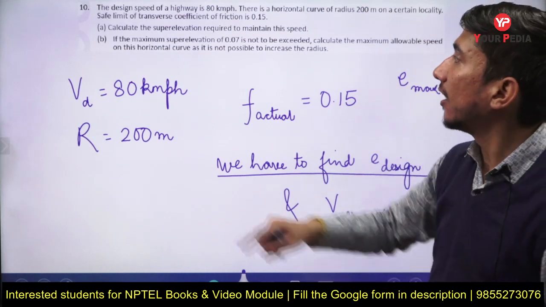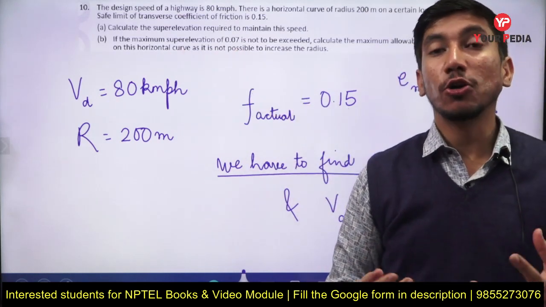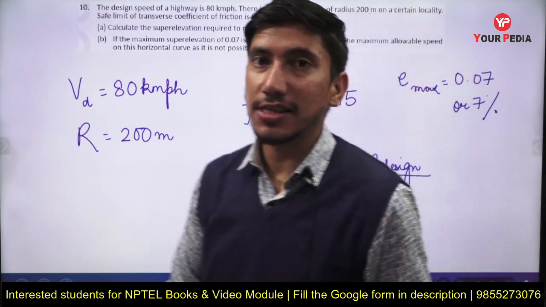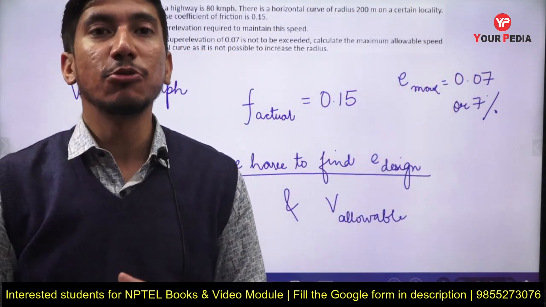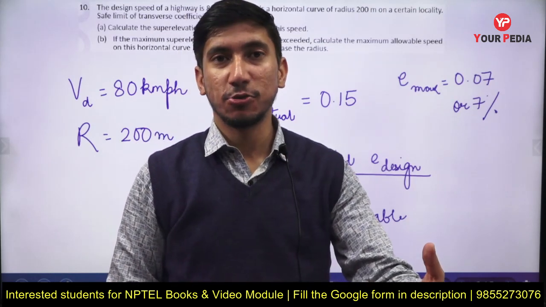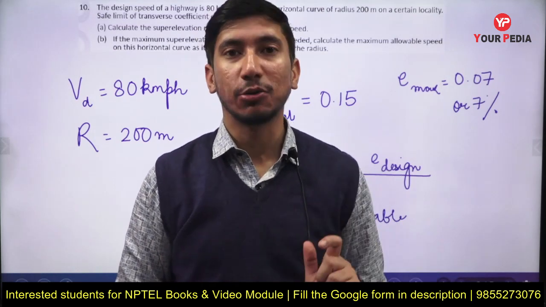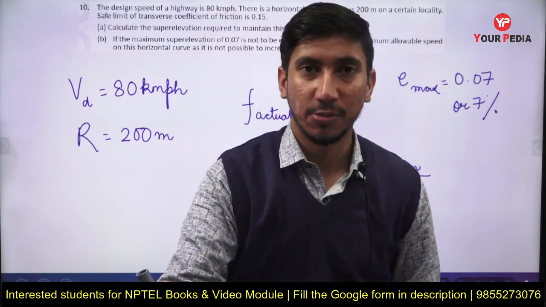And the second thing: if the maximum super elevation of 0.07 cannot be exceeded, which means that if the design super elevation comes out to be greater than 7%, then we can't provide the design super elevation. We have to provide a super elevation equal to 7% only, because we can't exceed the maximum value.